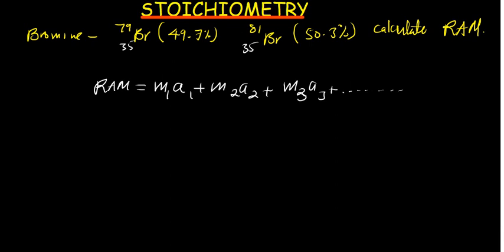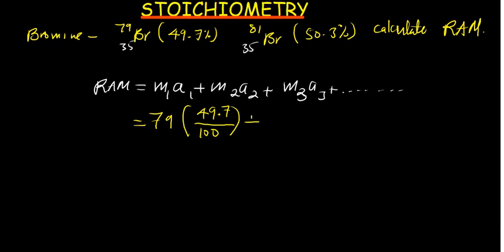So in bromine, in this case, the first mass is 79, and then I'll multiply by the percentage abundance. How abundant is that? That is 49.7%. But I'm going to express that number as a decimal. So 49.7% is the same as 49.7 over 100.